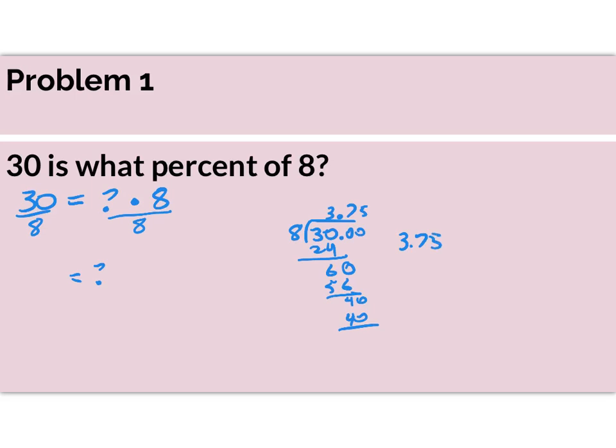In order to change a decimal into a percent, you have to multiply by 100, which means moving the decimal point twice to the right. So you get 375%. 30 is 375% of 8. And whenever a number is bigger than 100%, it just means it grows. You can have percentages bigger than 100 and less than 1.